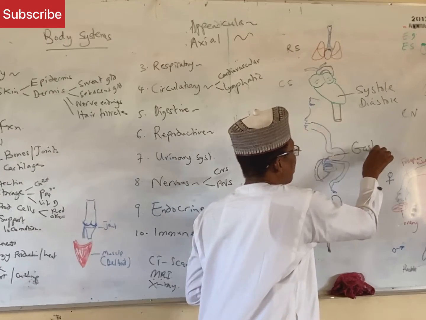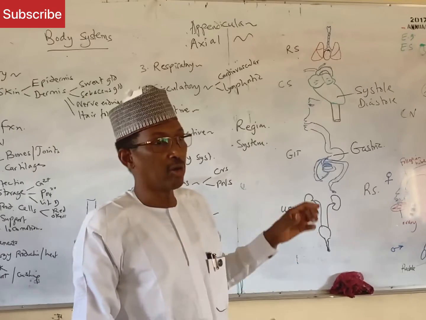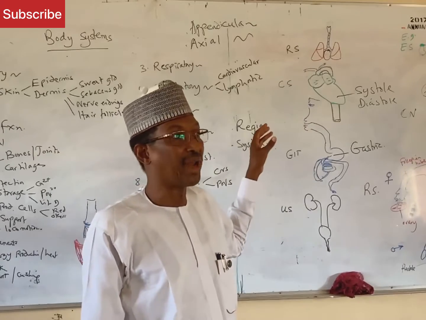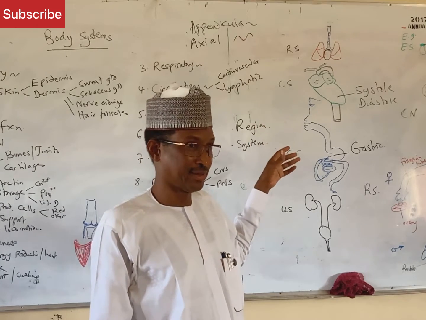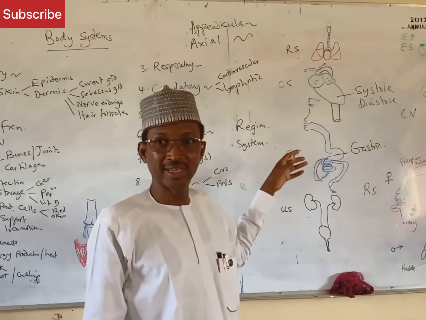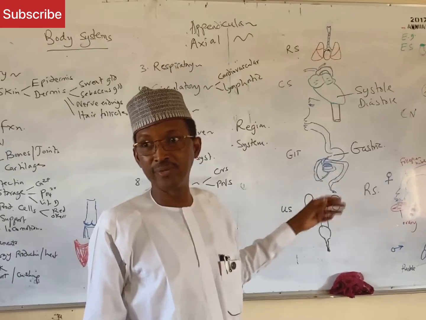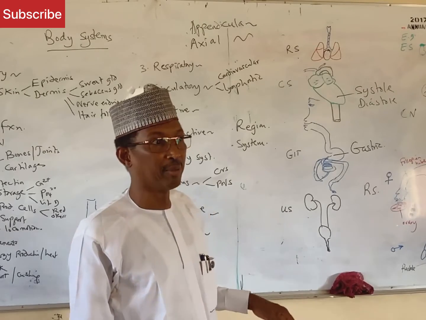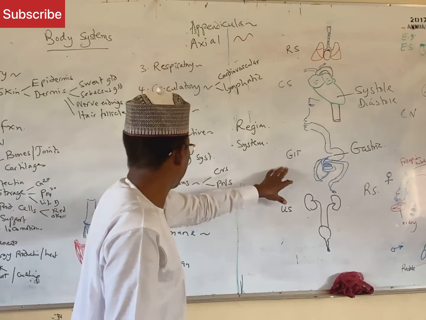You see, most of these terminologies in anatomy or in medicine are derived from either Greek or Latin. That means either from Italy or from Greece. Are you clear? So in Latin or Greek, because they were the pioneers of this medical aspect or scientific aspect. So we have now seen the gastrointestinal system.